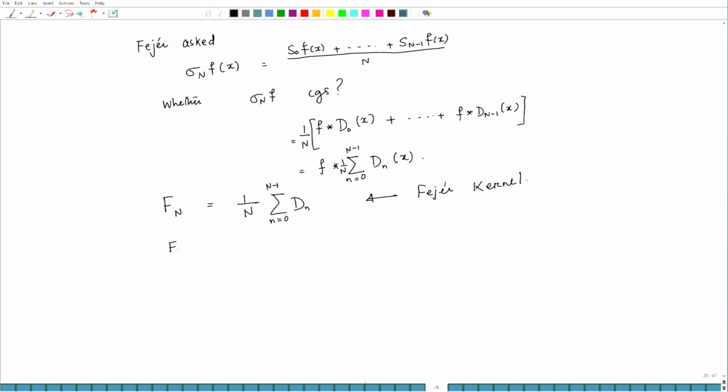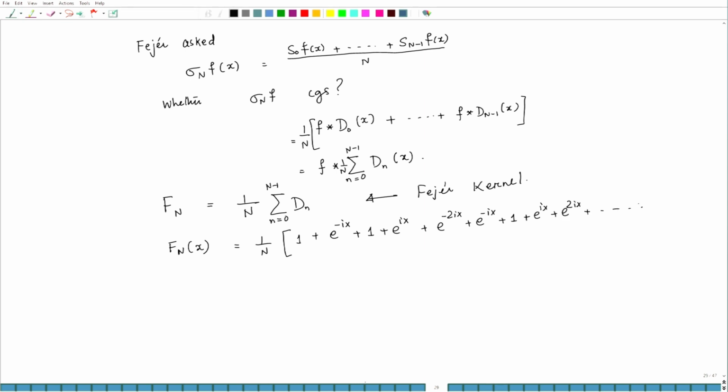So, F_n of x is equal to 1 by n times: D_0 is 1, D_1 is e to the power minus i x plus 1 plus e to the power i x, D_2 is e to the power minus 2i x plus e to the power minus i x plus 1 plus e to the power i x plus e to the power 2i x.